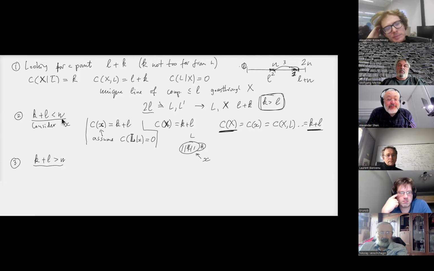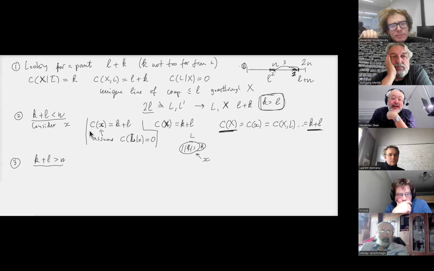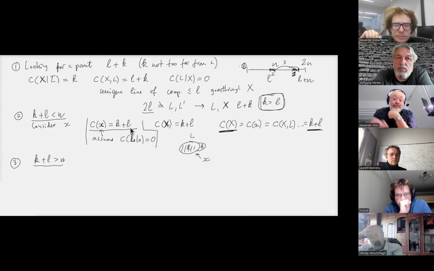So what do we do? And of course now we cannot have x of this complexity because it's too big. It's bigger than n, so we cannot find the coordinate of this complexity. But still we can have the same picture.